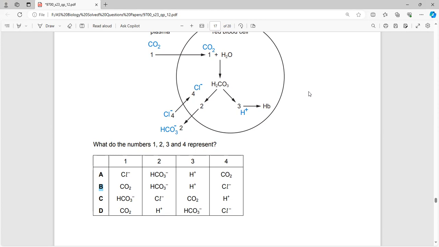Number 3 is our hydrogen ion, and number 4 is our chloride shift. This chloride shift is moving from outside to the inside to balance the charges across the cell membrane of the red blood cell. So B is our correct option here.